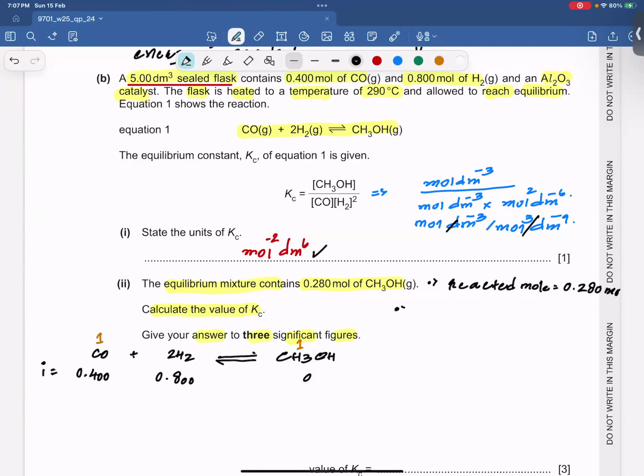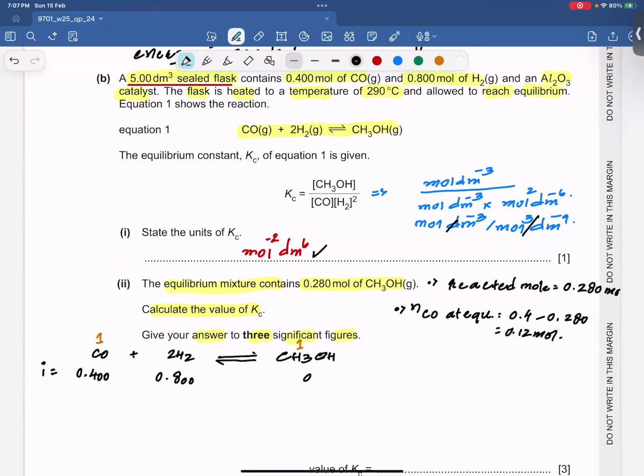So to get the moles of carbon monoxide at equilibrium, I need to subtract 0.280 from 0.4. I'll get 0.12 moles.